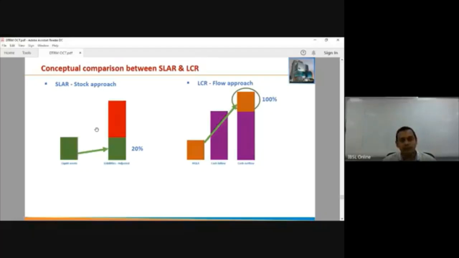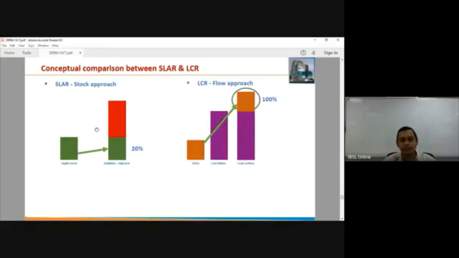And the direction has specified what are the acceptable liquid assets for this computation. I have already discussed that it includes the cash balance, interbank placements, balances with central bank, treasury bills and bonds, and ISBs or government securities, and tradable corporate debt securities, right?